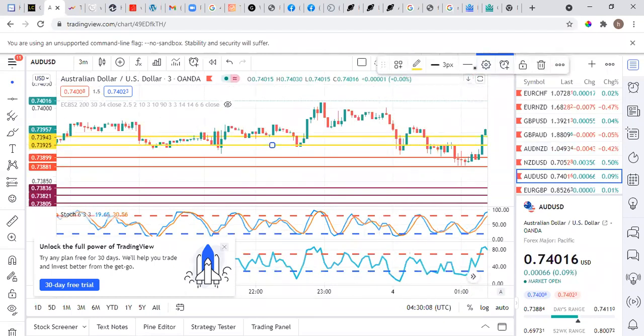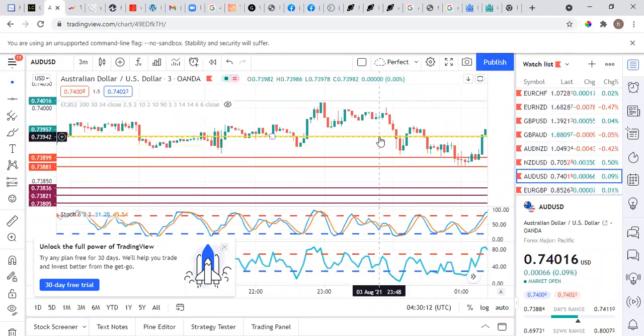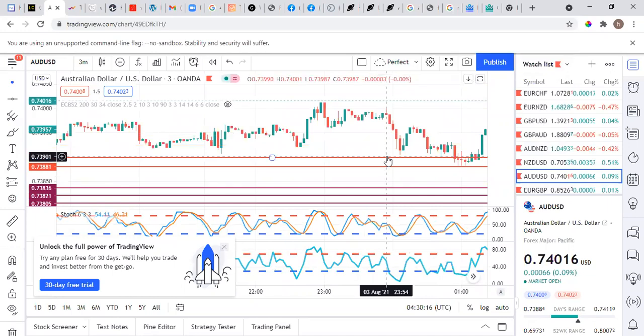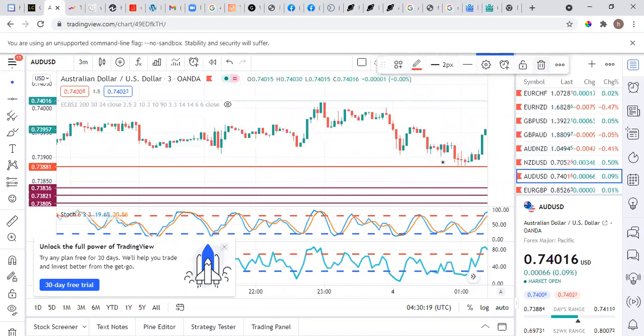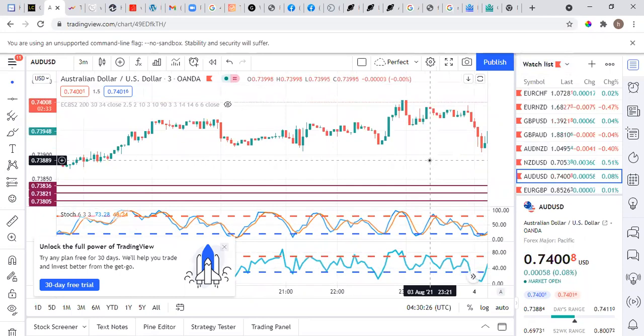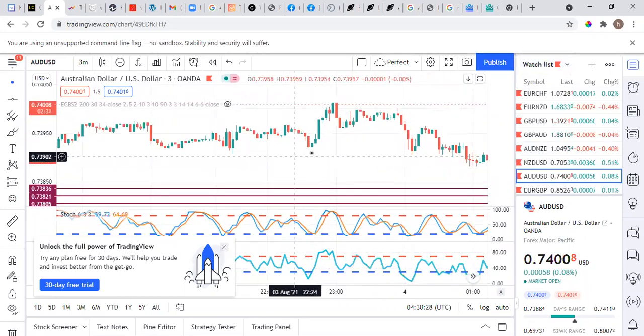I've explained support and resistance in my previous classes, but let me do it a little bit here. I'm going to delete these lines so that you can see me draw them afresh. Support and resistance lines are very, very important to doing technical analysis in Forex.